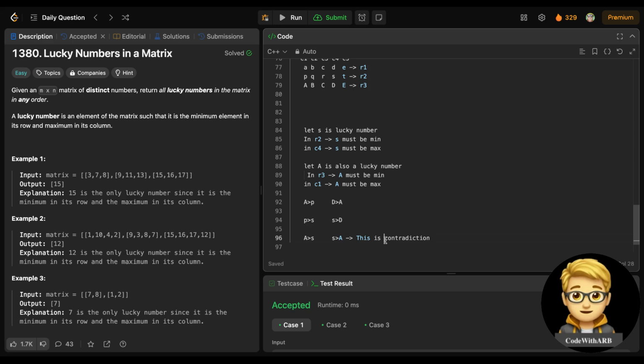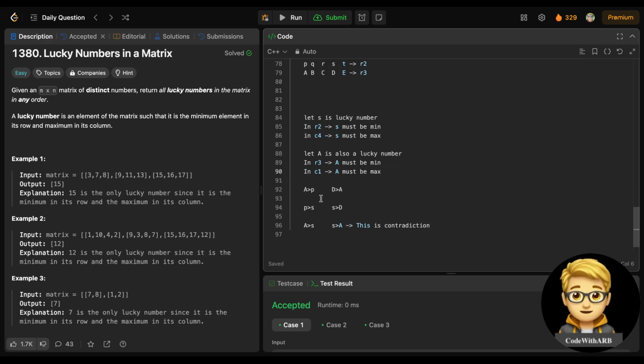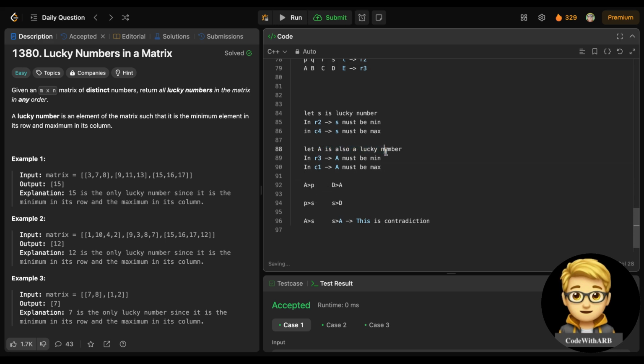This is a contradiction, because I assumed that s is a lucky number, and also that there is more than one lucky number, supposing that a is a lucky number for me. But I'm getting the wrong result, which is a contradiction.